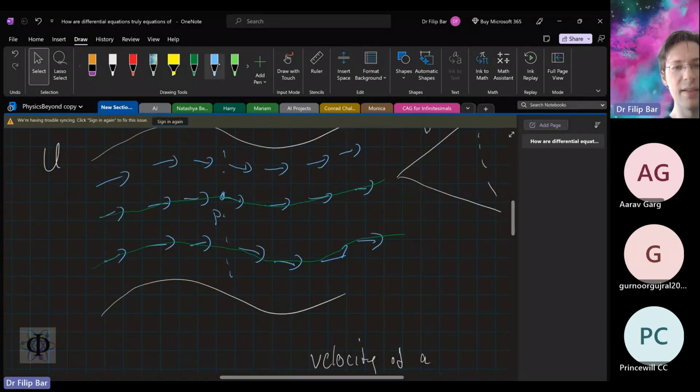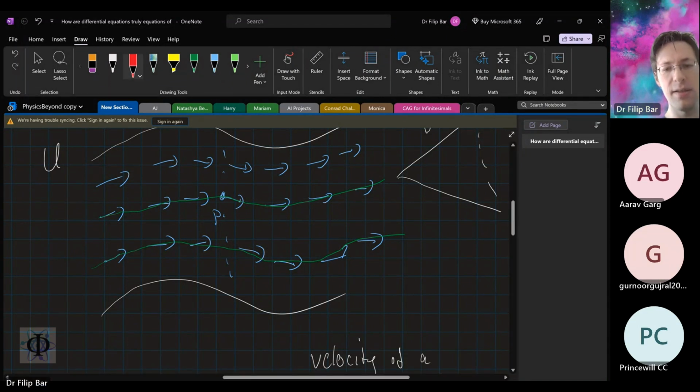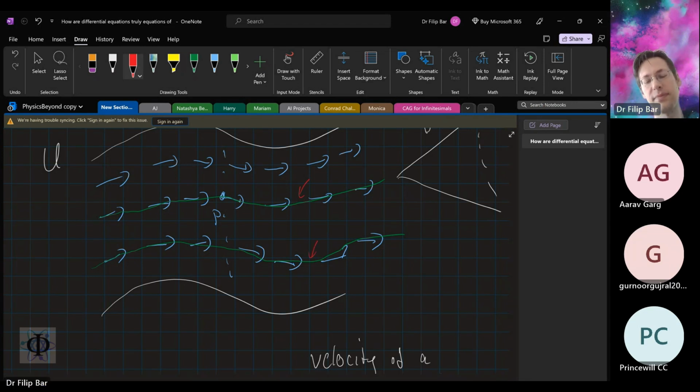We said that this gamma here is a solution to the differential equation. What about this one? Is that also a solution or is that no solution? It is a solution.